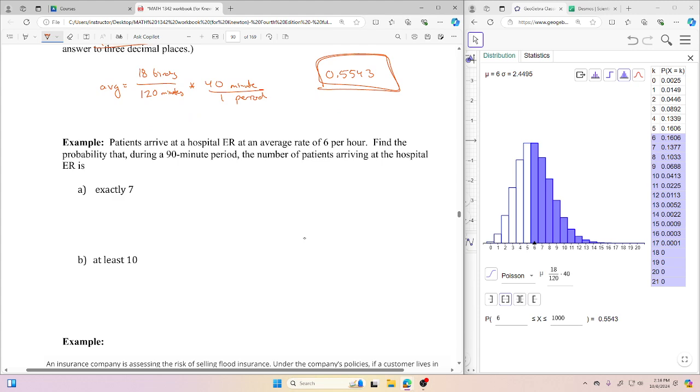Patients arrive at the ER at an average rate of 6 per hour. Find the probability that in a 90-minute period, hold up, we can do this on our own, right? Isn't that 60 minutes? And then we got 90 minutes. So if we cut it in half for a 30-minute period, we get 3.